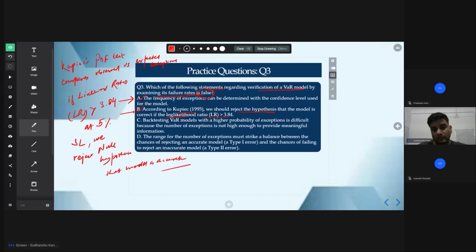Third statement, we're looking for the false statement, guys. Backtesting VaR models with a higher probability of exceptions is difficult because the number of exceptions is not high enough to provide meaningful information. Again, this statement looks a little bad. Why?